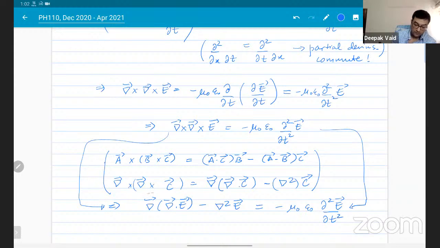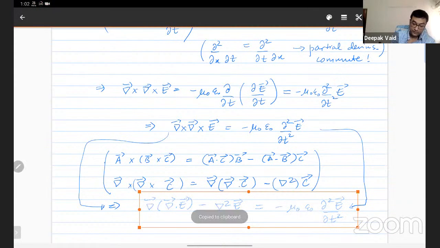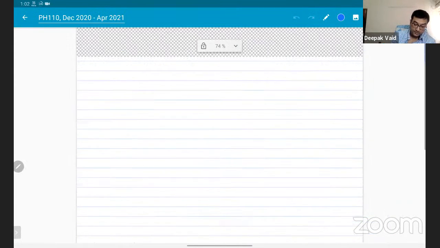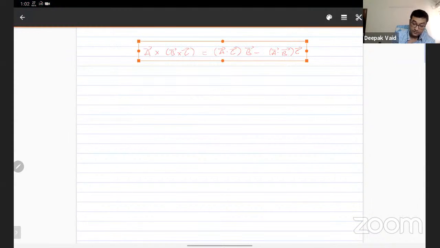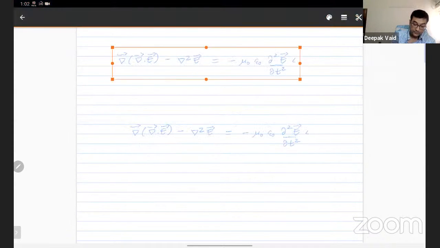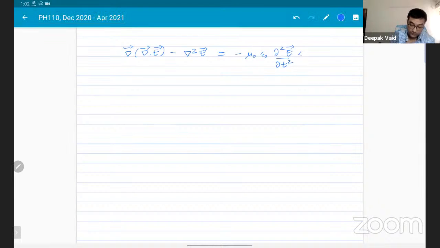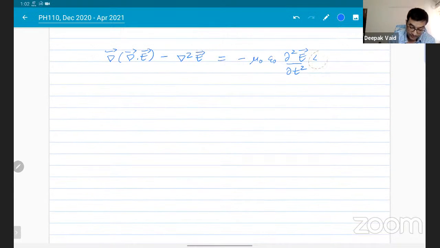Okay, now I have this equation, and what can I do with this equation? Well, in this equation, I have this quantity, divergence of E. Now, what is divergence of E equal to?